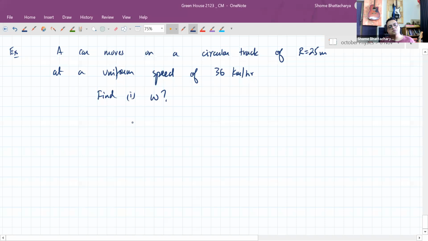Find its angular speed and its acceleration. That is the magnitude of the acceleration, how much that is.